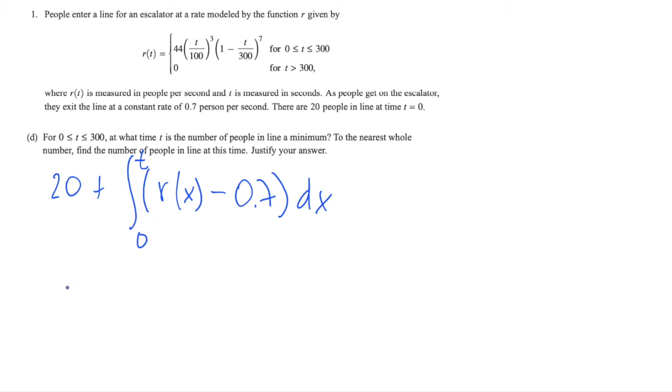So basically the rate will be r of x minus 0.7. The derivative of 20 is 0, so we don't take it into account, and we want this rate to be equal to 0.